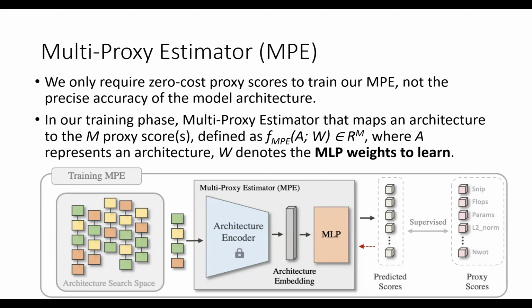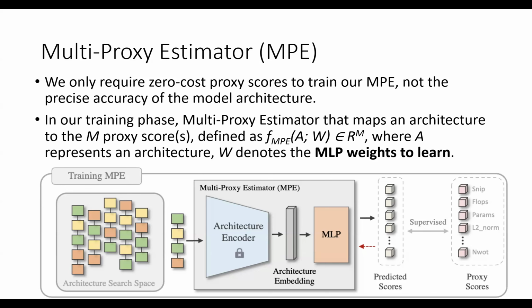On this embedding, we design a simple multi-layer perceptron, only a three-layer perceptron. This MLP aims to learn to predict scores that approximate the zero cost proxy scores.